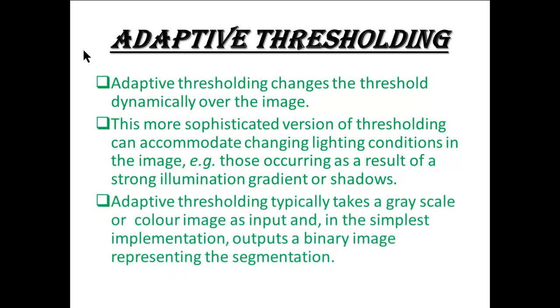Adaptive thresholding typically takes a grayscale or color image as input, and in the simplest implementation outputs a binary image representation representing the segmentation.